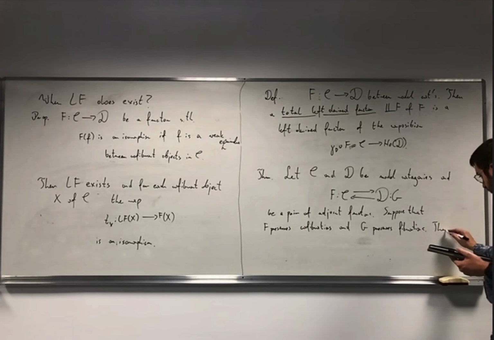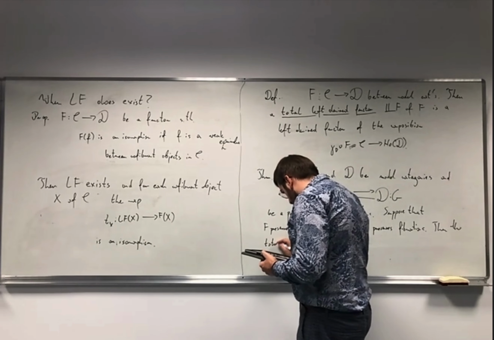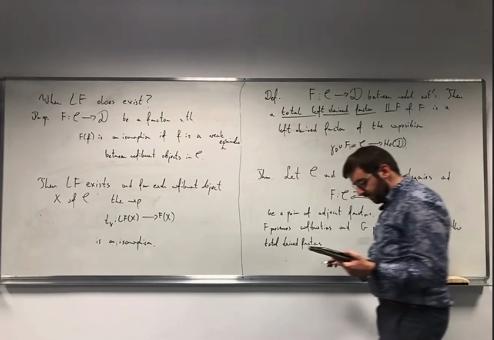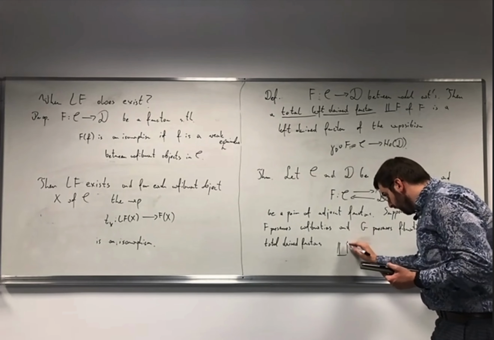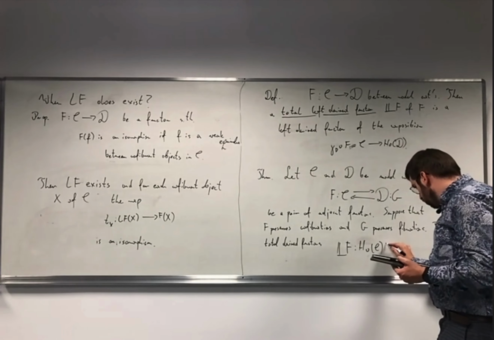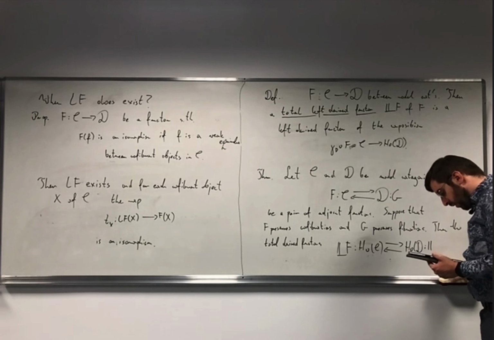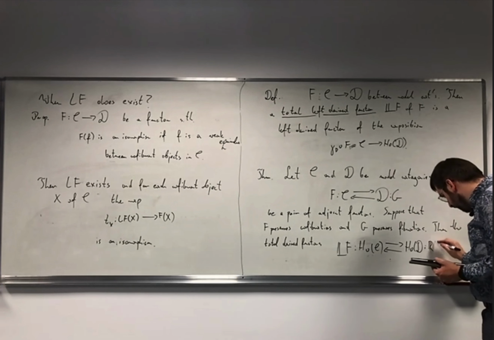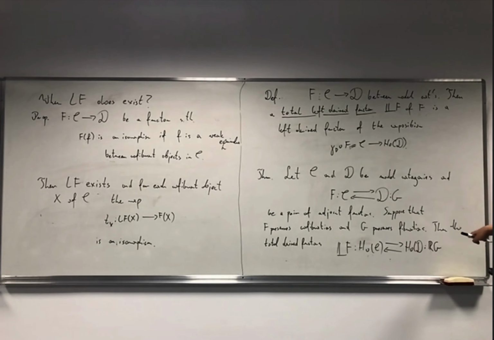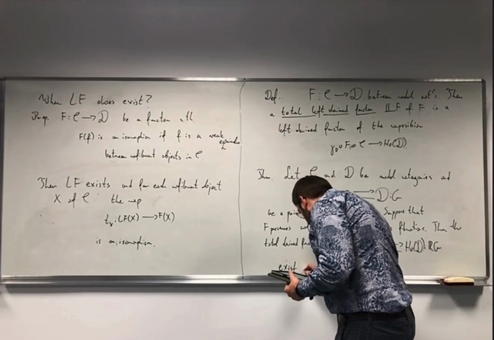Then the total derived functors, LF and here I have the right derived functor of G, in this setting these total derived functors exist and form an adjoint pair.